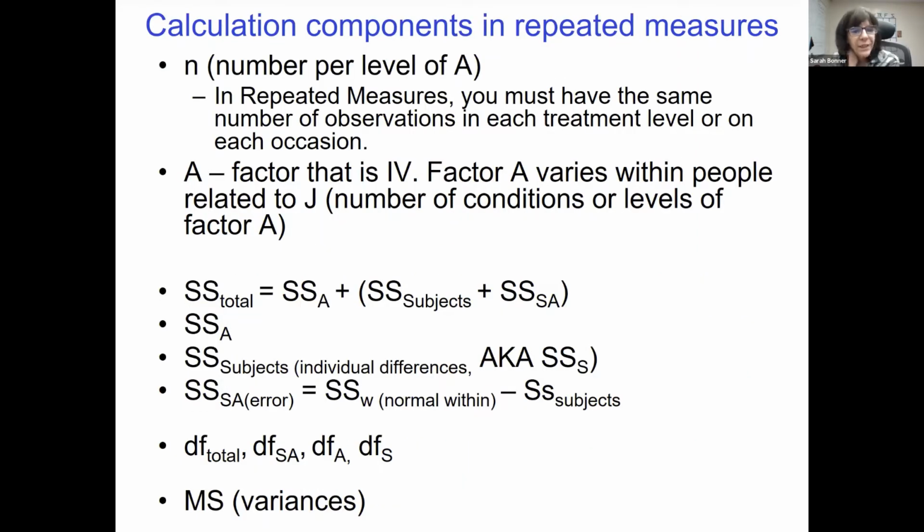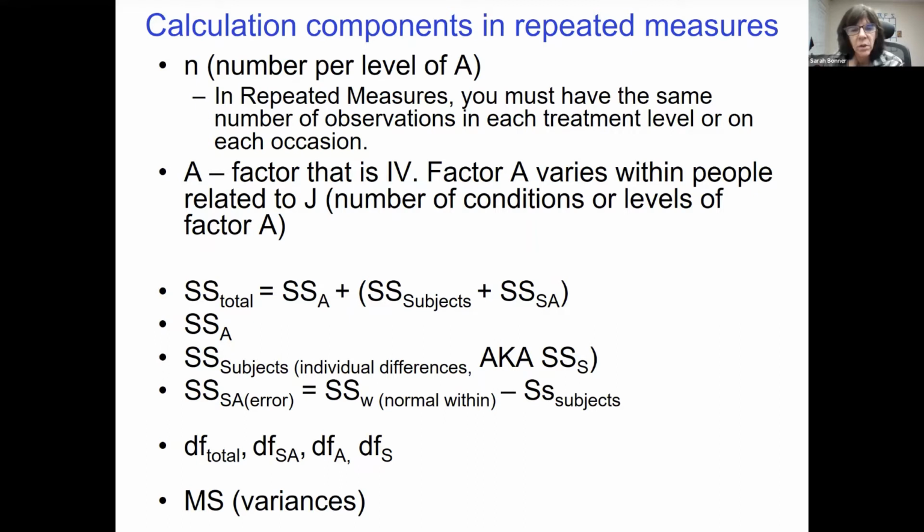So the things that we need to work with in order to do a repeated measures are we need to know the number of people who are being measured repeatedly. And again, you have to have complete data. You need to have an independent variable that varies within people according to the number of conditions.